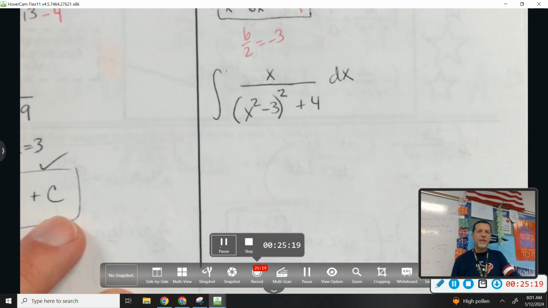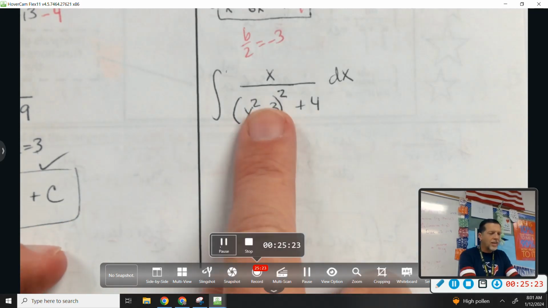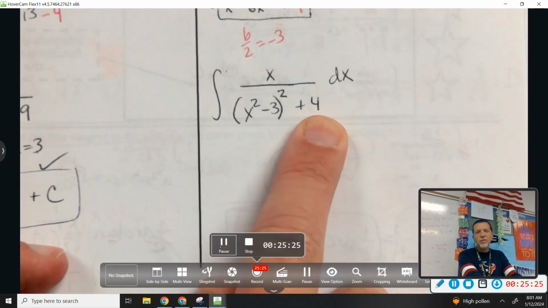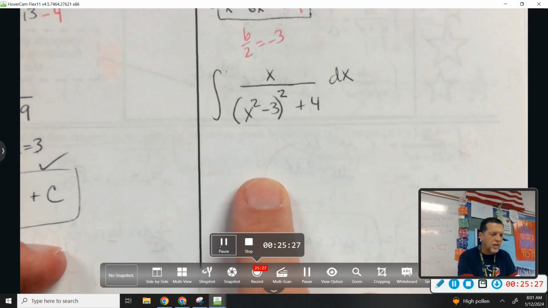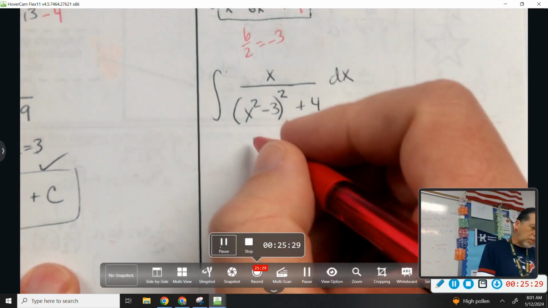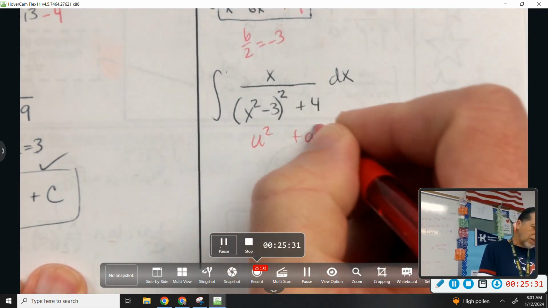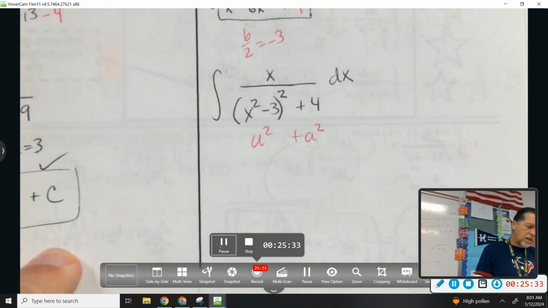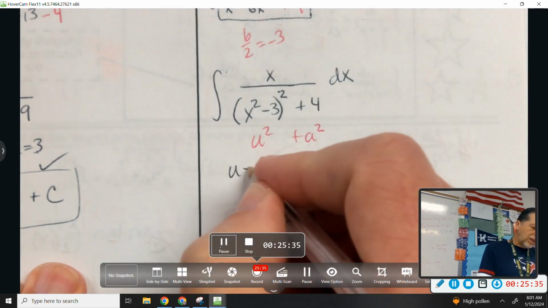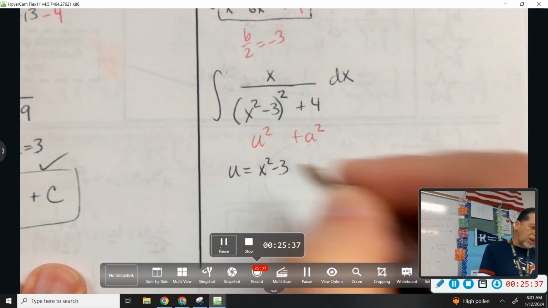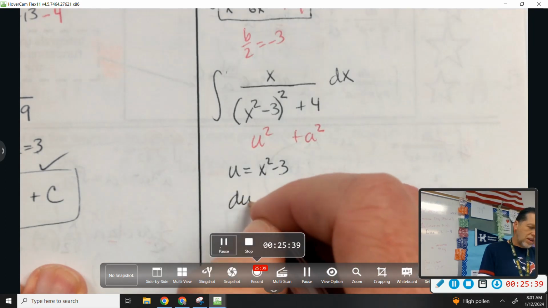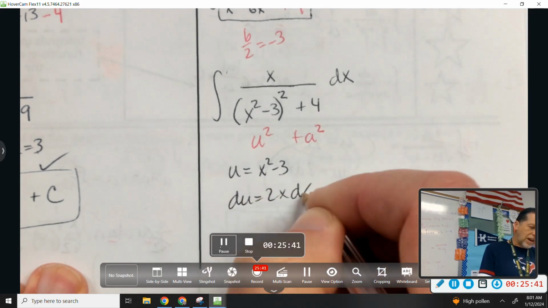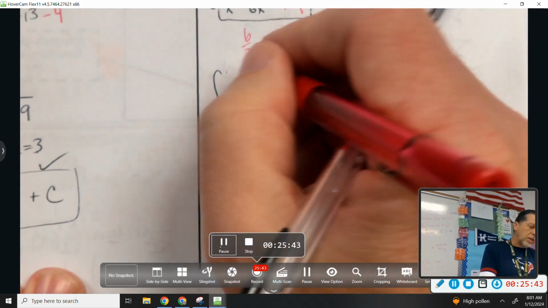Okay, so that kind of looks like arctan, because I've got something squared plus 4. There's an x in the top, but this is supposed to be u squared plus a squared. So I could let u be x squared minus 3. du then is 2x dx. Oh, that explains where that x came from.